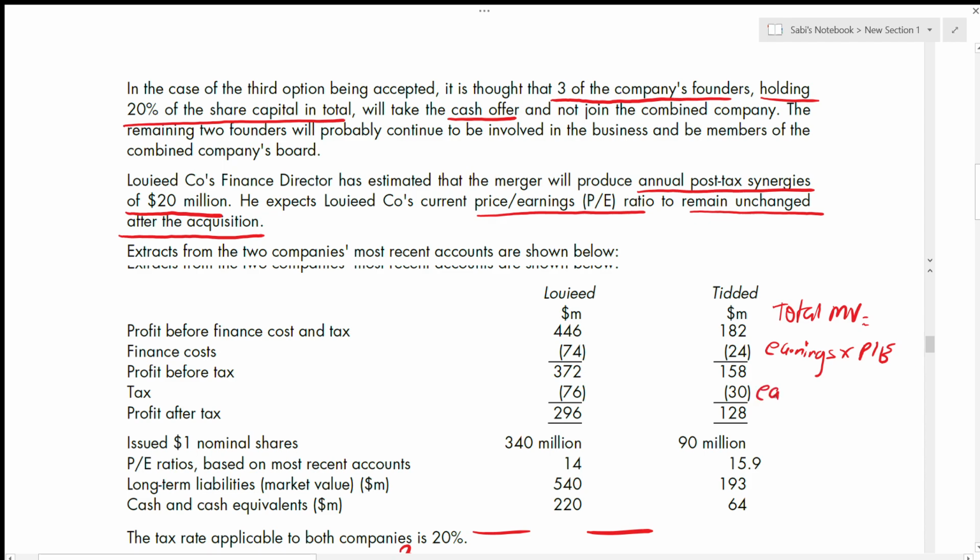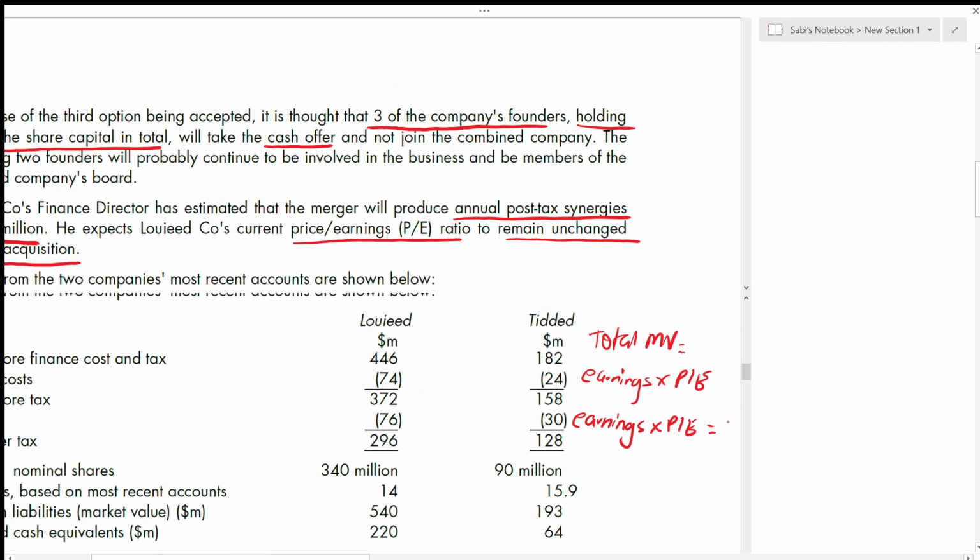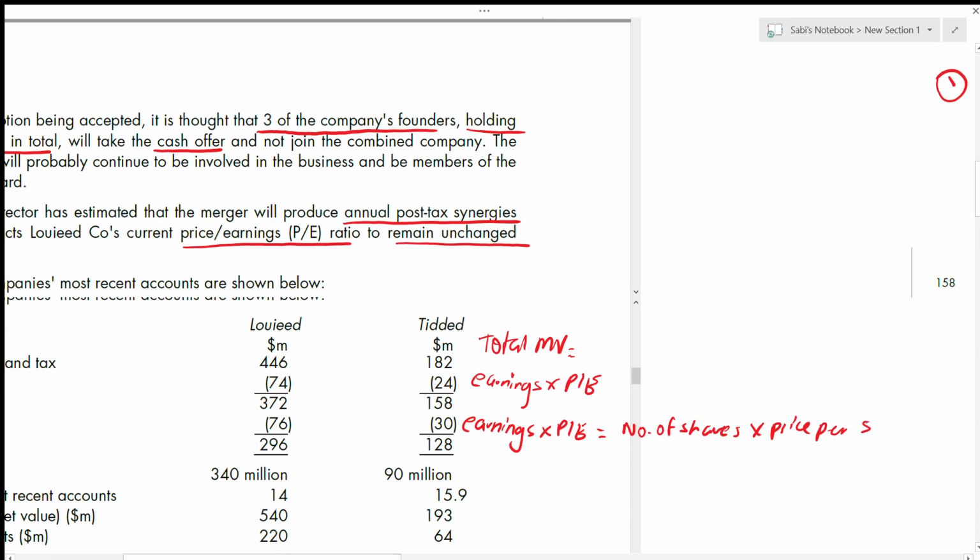So earnings multiplied by PE equal to number of shares multiplied by price per share. Because anyway, number of shares multiplied by price per share is your total market value. Both are the same. Both sides have to be equal, your earnings into PE ratio or your number of shares into price per share. It means the same only.